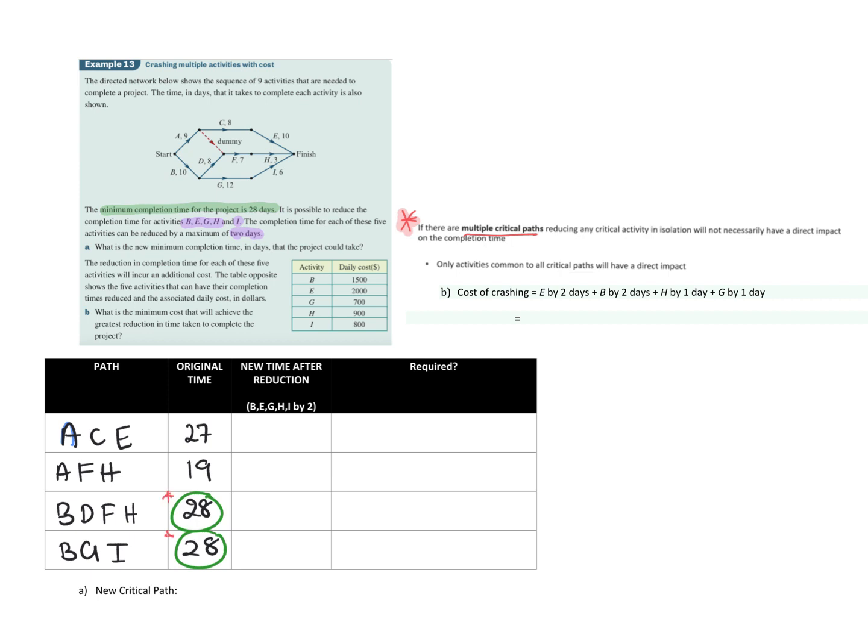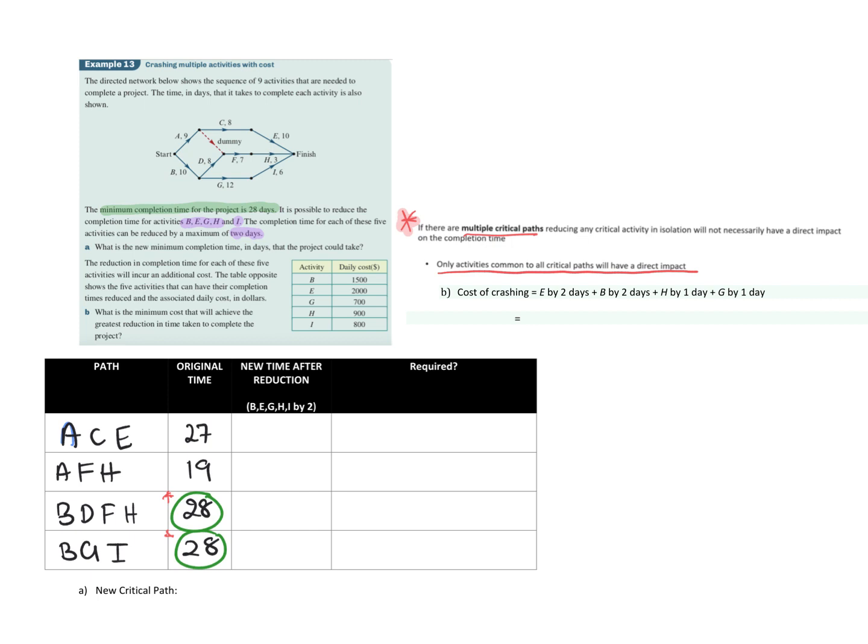It says reducing any critical activity in isolation will not necessarily have an impact on the completion time. Only activities common to all critical paths will have a direct impact. So we just got to keep that in mind. So when we are crashing, we probably want to crash ones that are in both those critical paths.